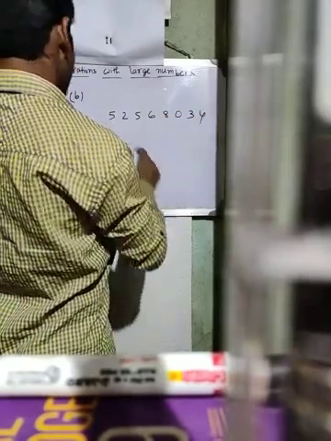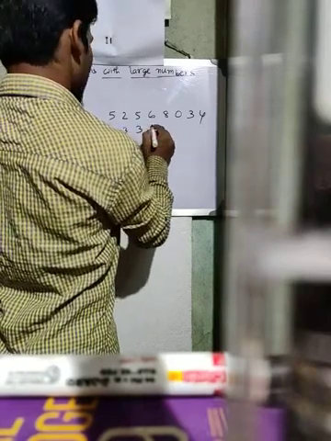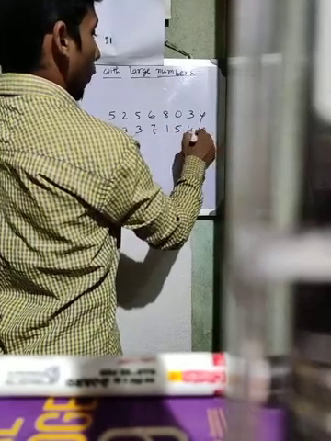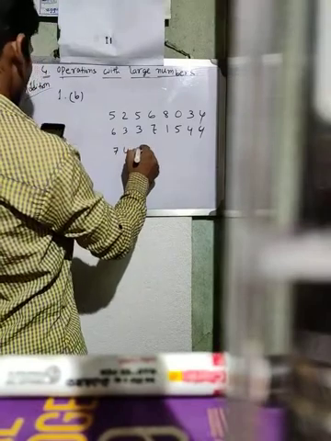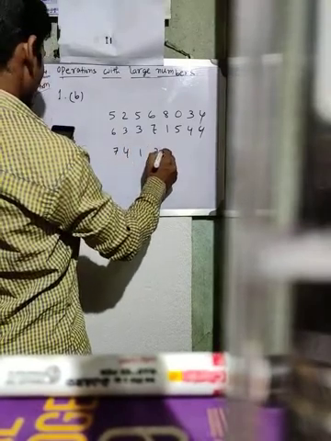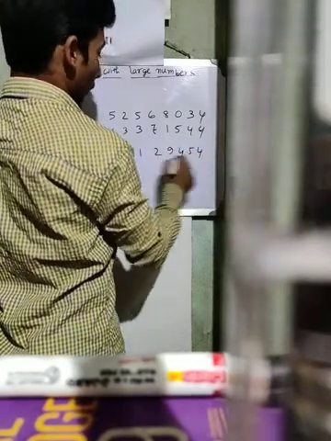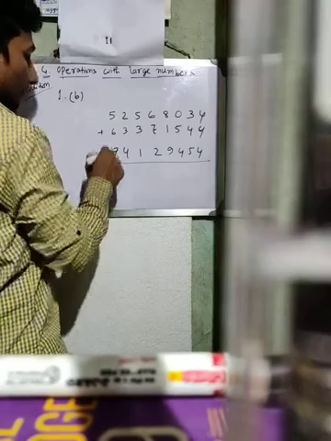Then 6, 3, 3, 7, 1, 5, 4, 4. Next number: 7, 4, 1, 2, 9, 4, 5, 4. You have to add these numbers.